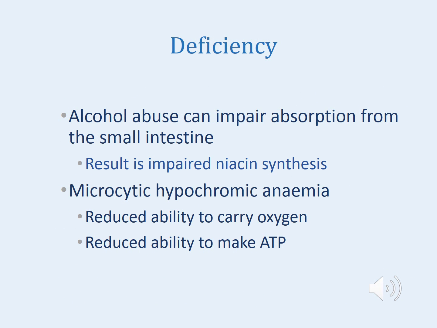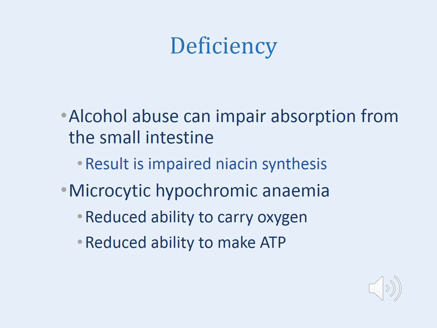So alcohol abuse can impair absorption of vitamin B6 in the small intestine, which may also result in niacin deficiency due to reduced synthesis of niacin. Additionally, due to B6's role in hemoglobin synthesis and function, deficiency may lead to a condition called microcytic hyperchromic anemia, where the concentration of hemoglobin in red blood cells is low.